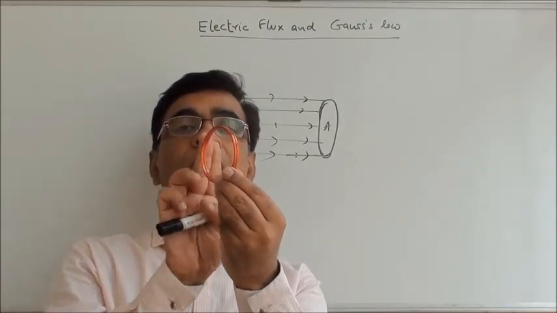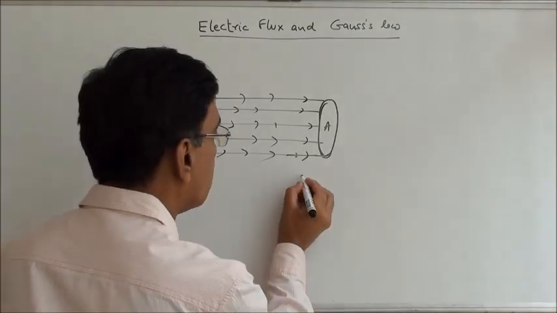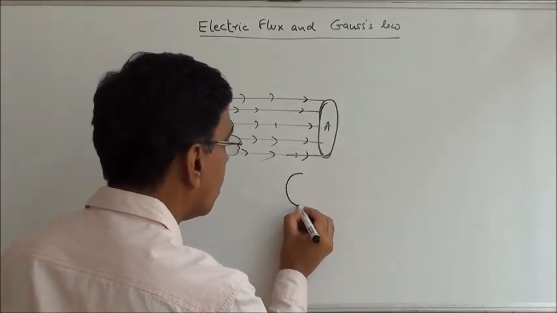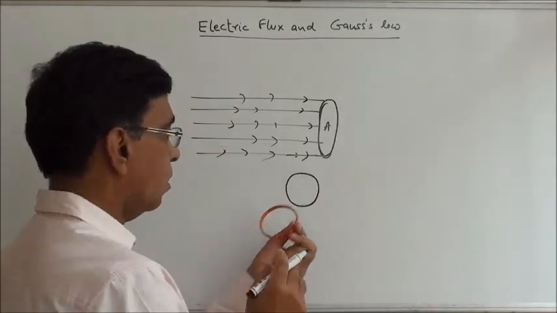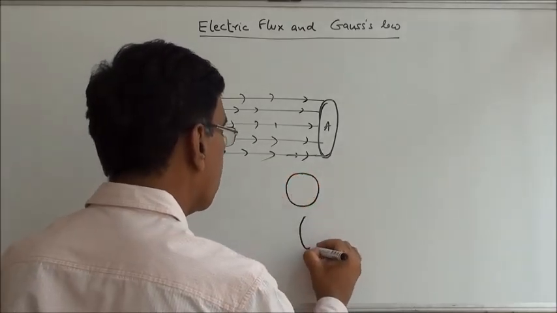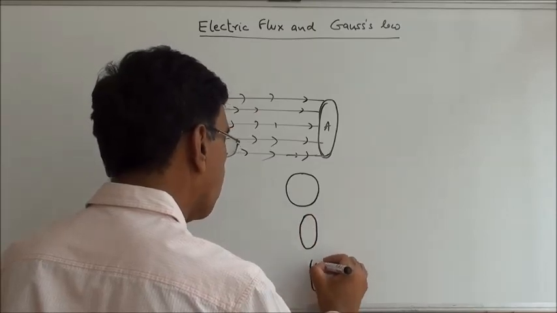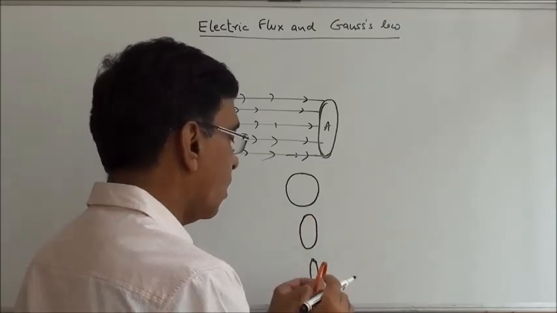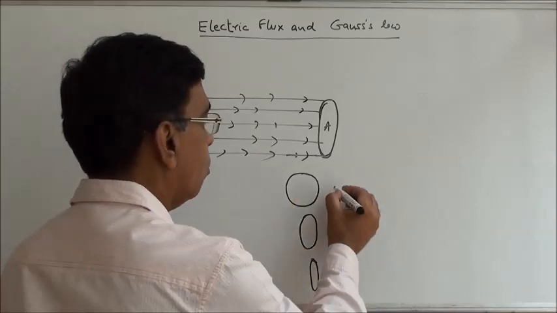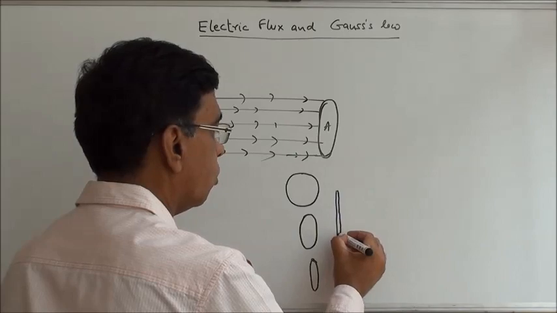When it is coming towards you, it appears like this, and when I move it, it appears like this, and when it is like this, you just see the straight line. This is the projection of it.